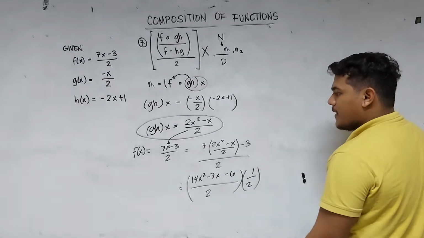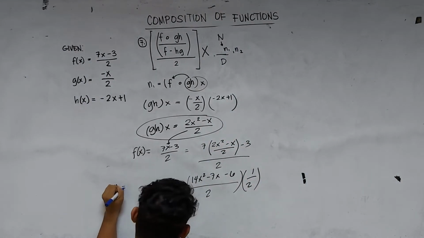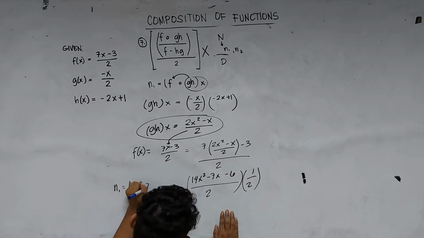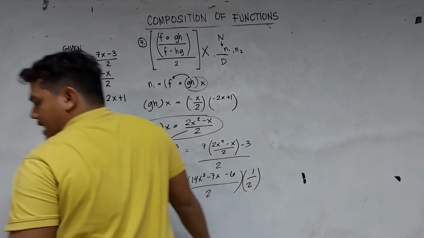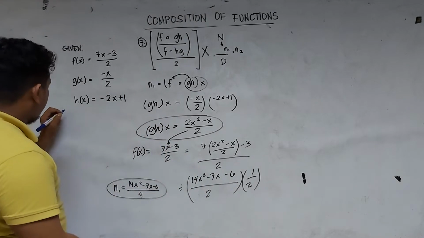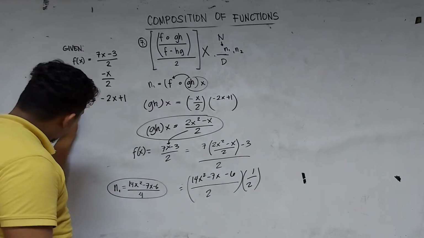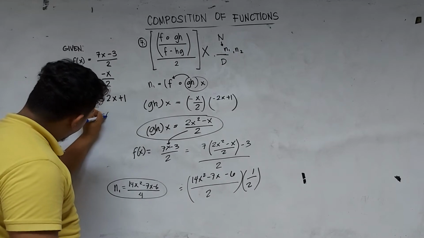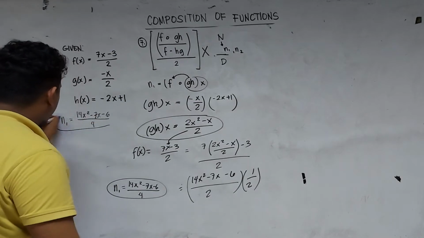Therefore, our n sub 1 is equal to 14x squared minus 7x minus 6 over 2 times 2, which is 4. Let's put this as our new given. N sub 1 is 14x squared minus 7x minus 6 over 4.